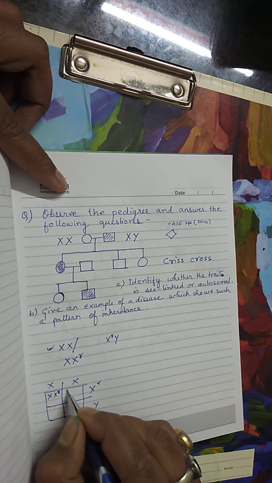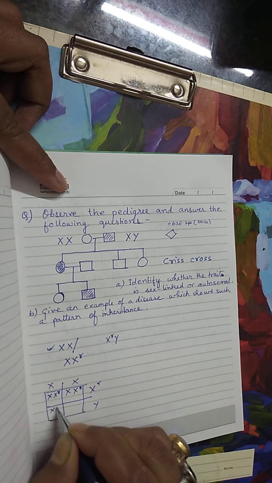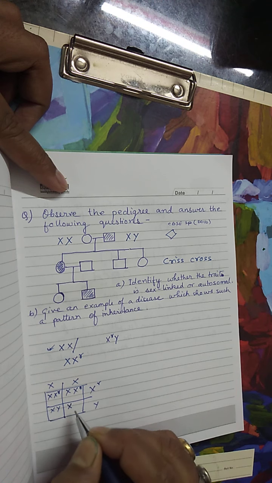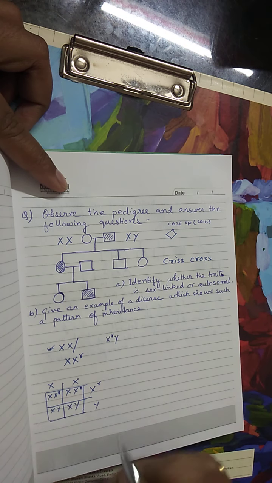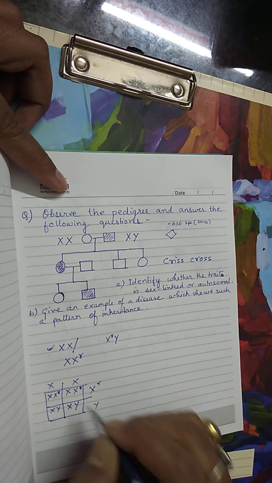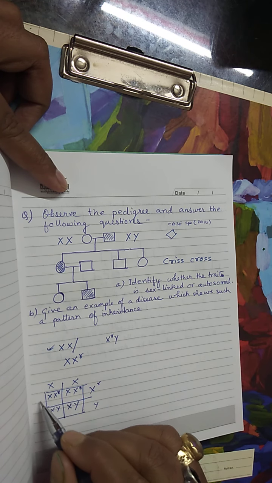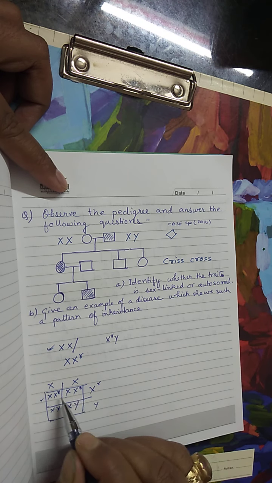The combination would have been XX^r, XX^r, XY and XY. Looking at the females we are getting, in both females only one recessive allele is there.